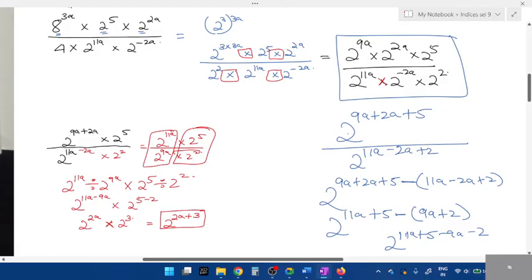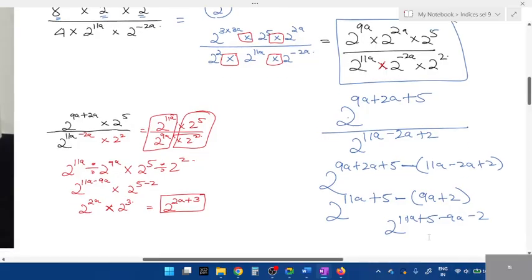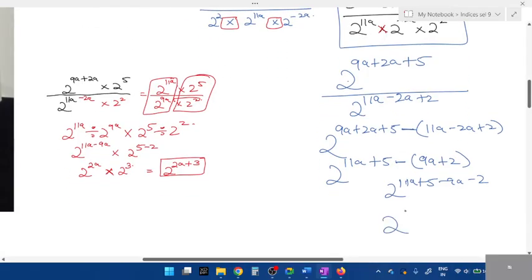Solve this, check what you'll get. Is it the same answer? How much is 11a minus 9a? 2a. And 5 minus 2 is? 5 minus 2 is plus 3. Same answer.